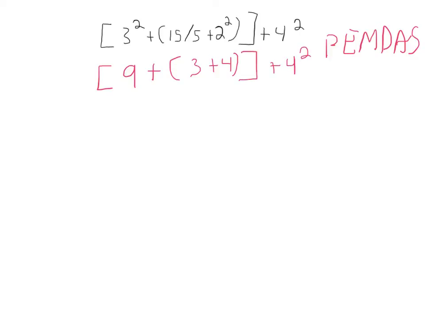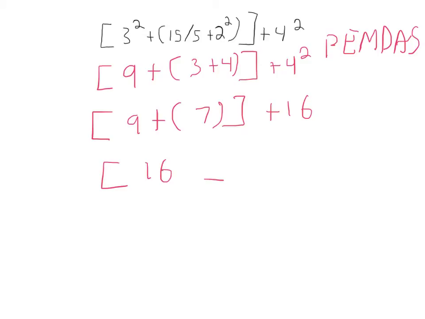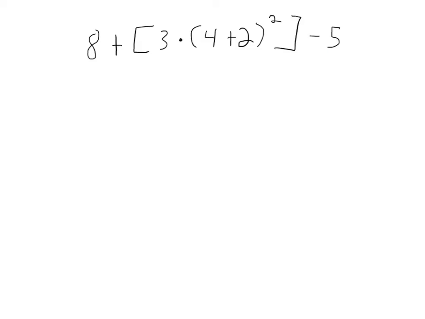Work my way one further down. 9 plus the 16. 9, oops, I'm sorry there. 16 plus 16. These brackets now don't mean anything, and we are left with 32. That's the way I would show that one. Go ahead and try this one on your own. Hit pause right now.